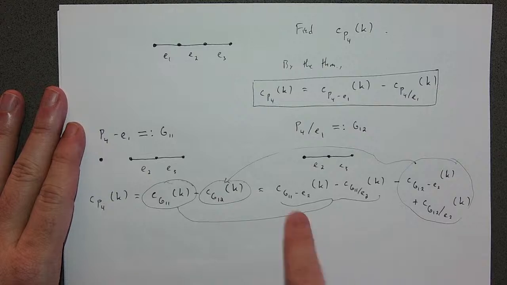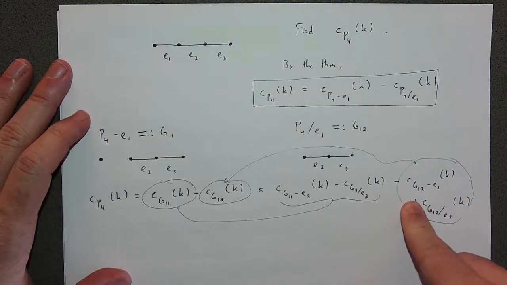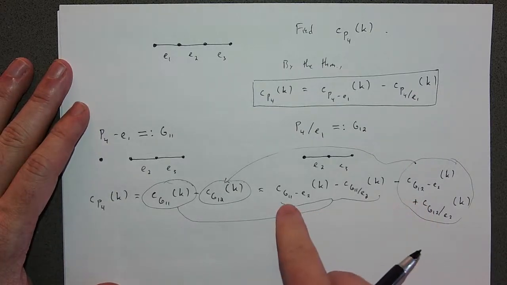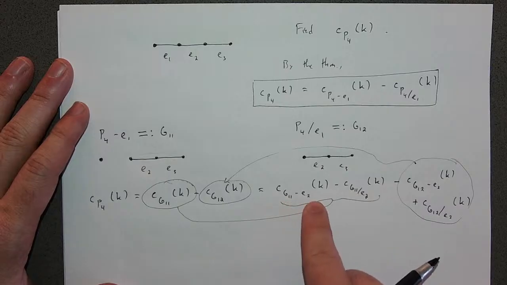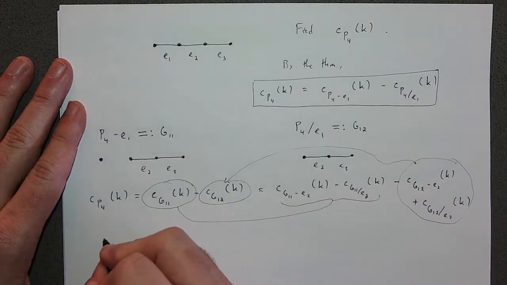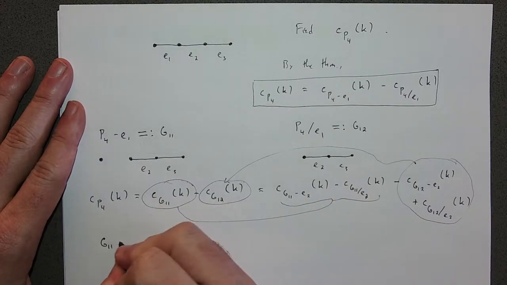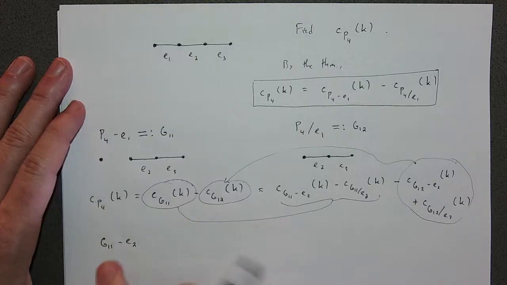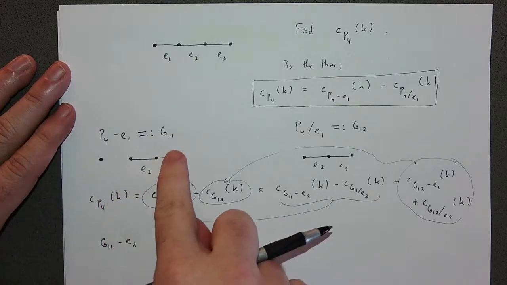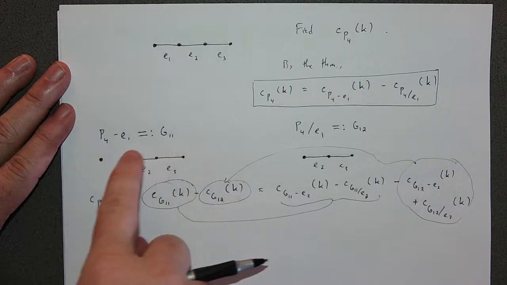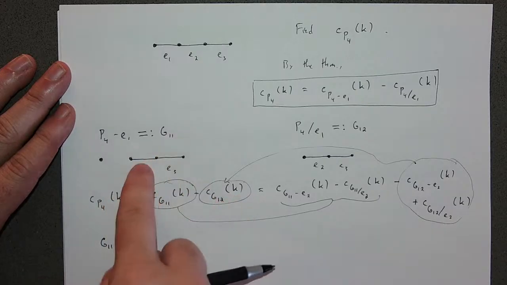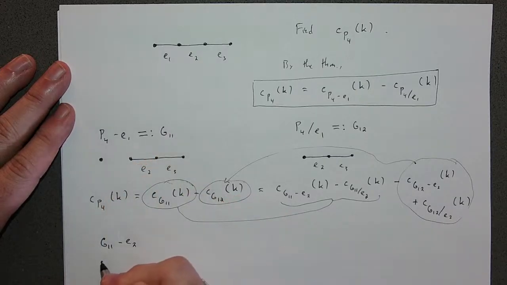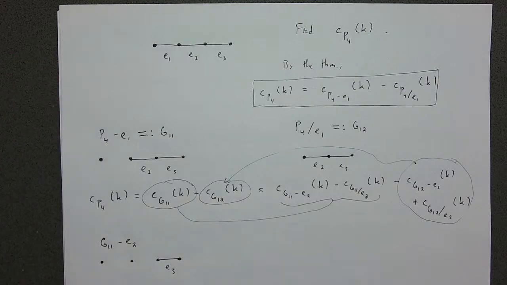Okay. Now let's see what these things actually are. So what is G sub 1 1 minus E2? Here's G sub 1 1 minus E2. I'm now taking away this edge. I have a single edge left in my path now, E3.